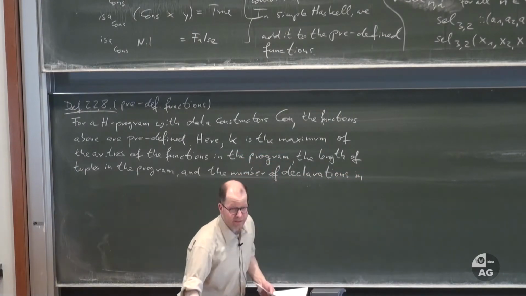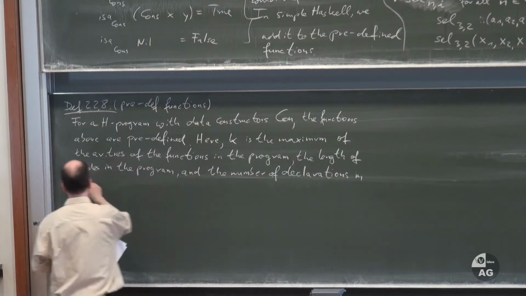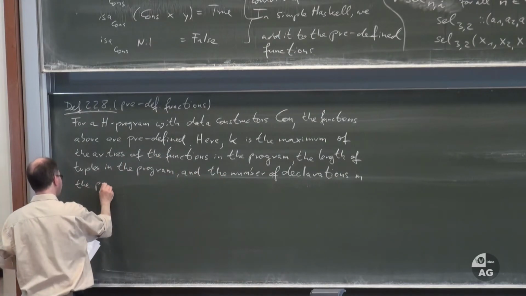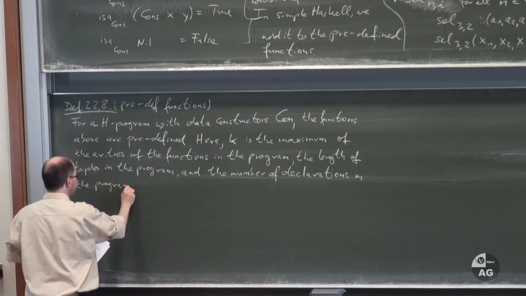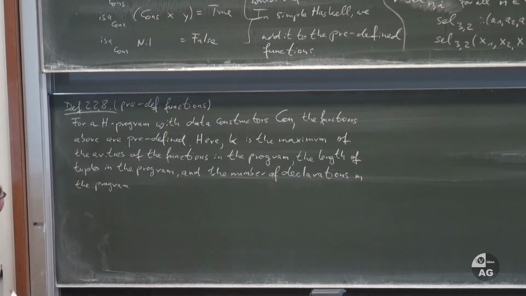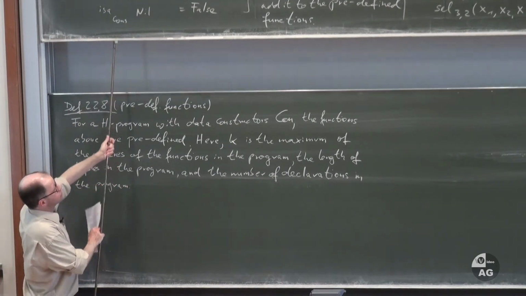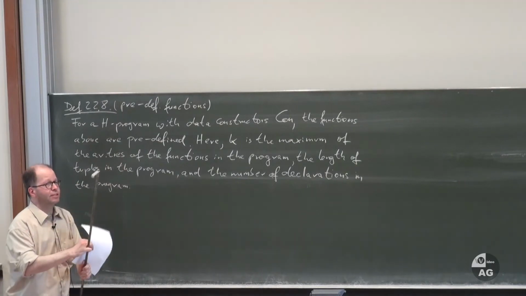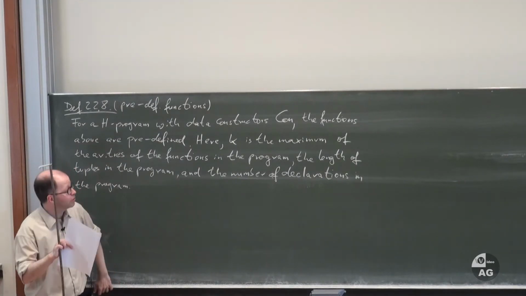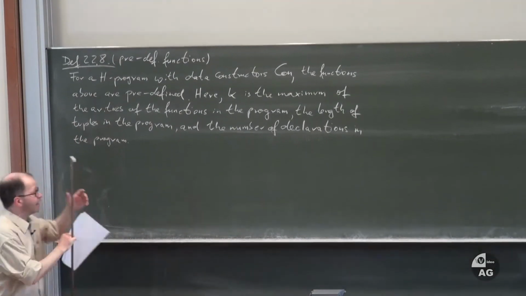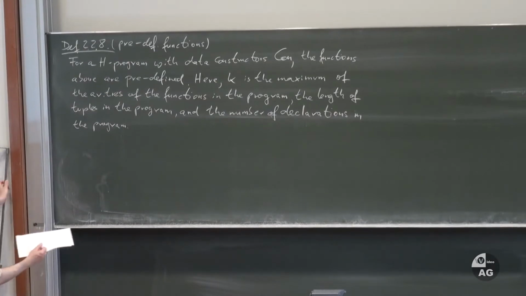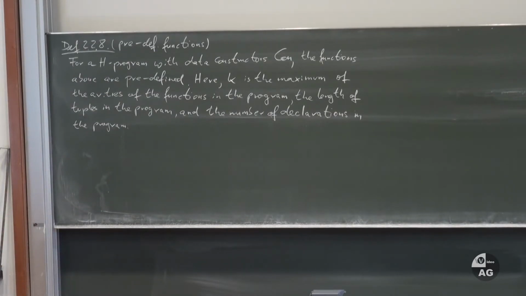So clearly k is a finite number. So that's the essential message. It suffices to add these finitely many predefined functions, and they only depend on the original program. They only depend on the constructors that I have, and on this number k, which also depends on the original program.